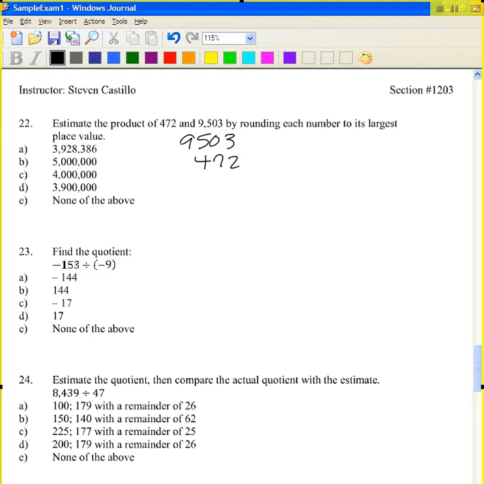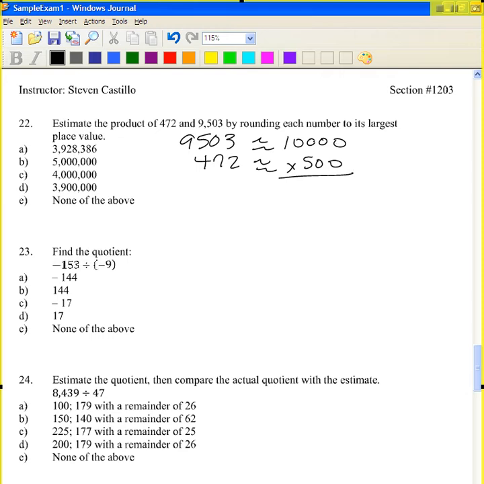Well, the largest place value in this case is a 9. The digit immediately to its right is a 5, which is greater than or equal to 5, so I'll add 1 to the 9 to get 10,000. For 472, the largest place value is a 4. The digit immediately to its right is a 7. Since 7 is greater than or equal to 5, I will add 1 to the 4 to get 500. So let's multiply.